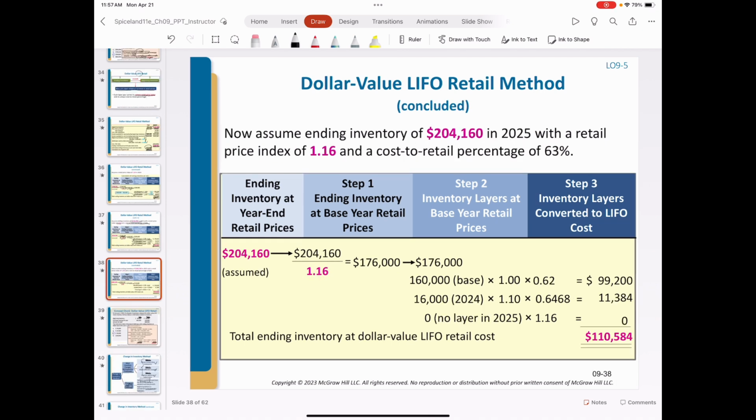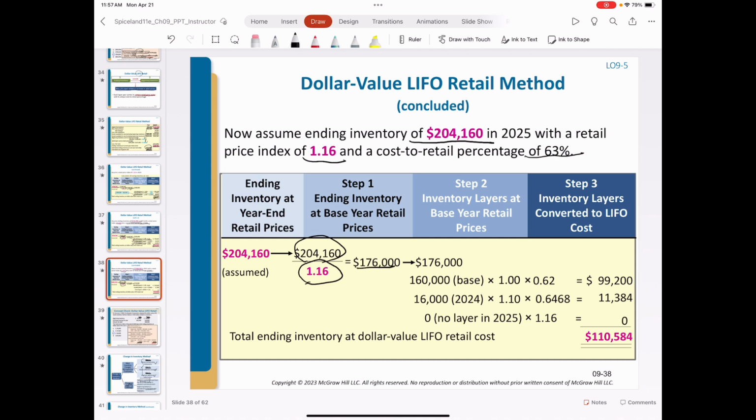This is another independent example. Just assume the retail value of ending balance inventory in 2025 was 204, 116. The price index is still the same. Cost to retail ratio 63%. Following the step, we use the price index in 2025 to divide the balance in 2025.